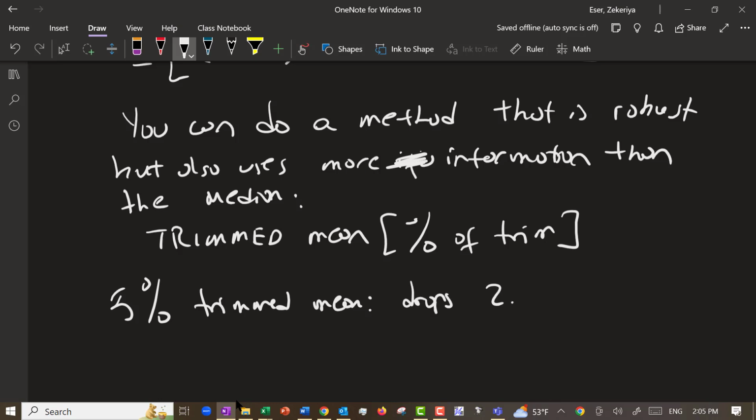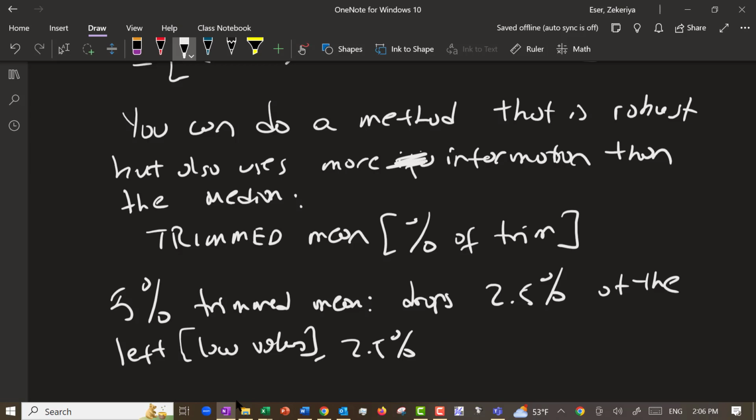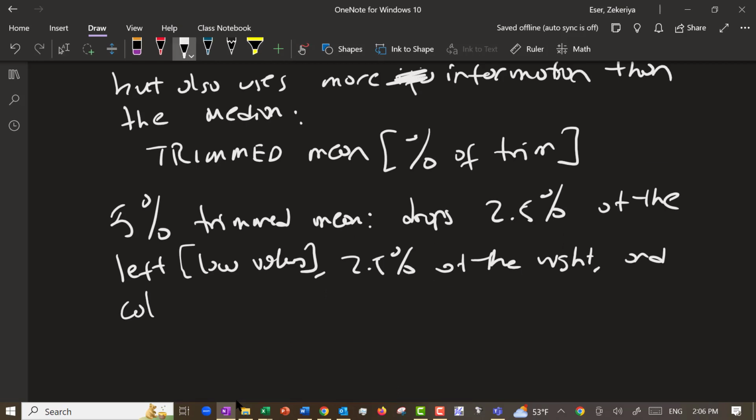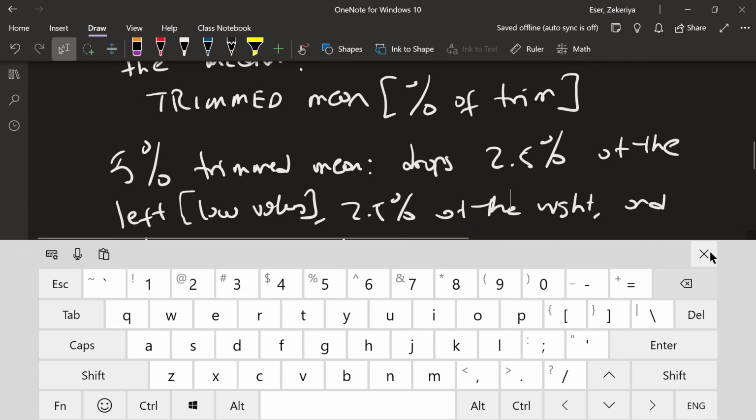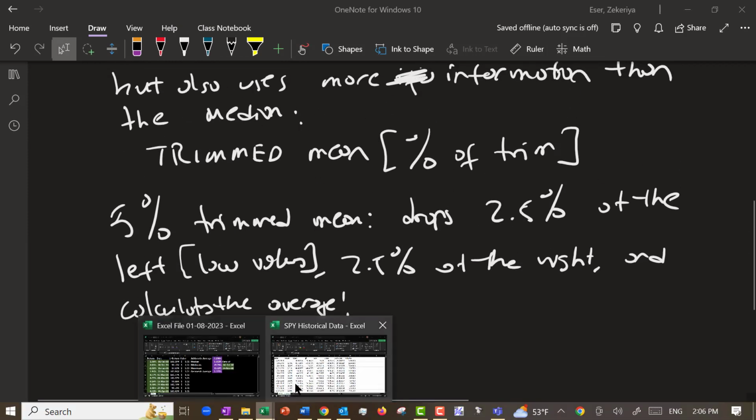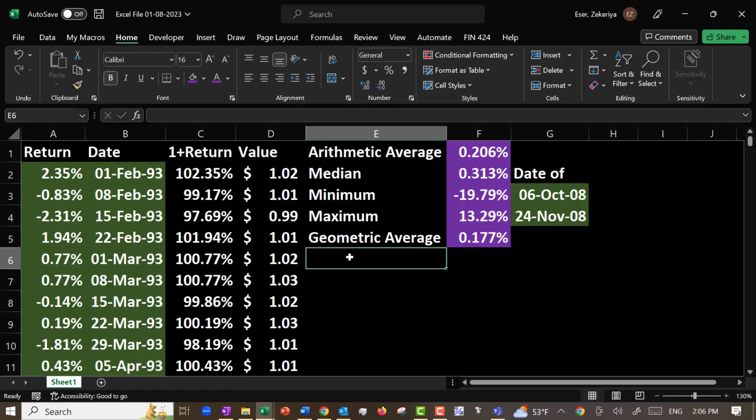drops 2.5% at the left or low values, 2.5% at the right, and calculates the average. It's very easy to implement in Excel.